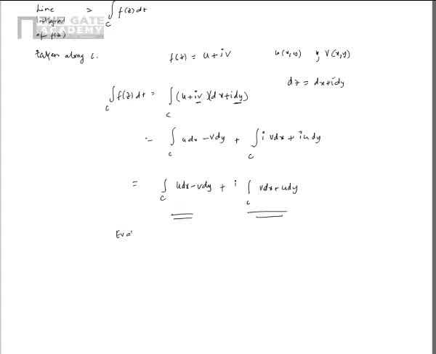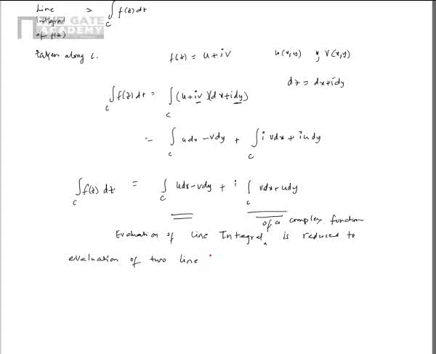The line integral of a complex function, the integral of f of z dz, is reduced to the evaluation of two line integrals of real valued functions. This is the point about line integrals.